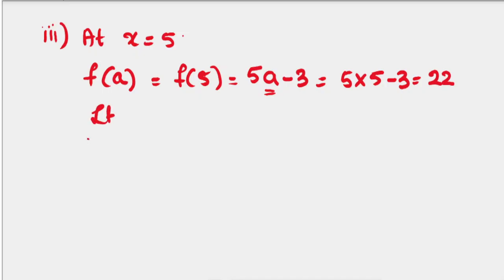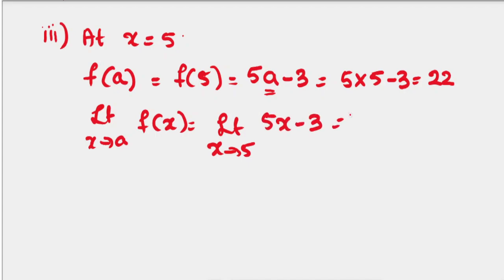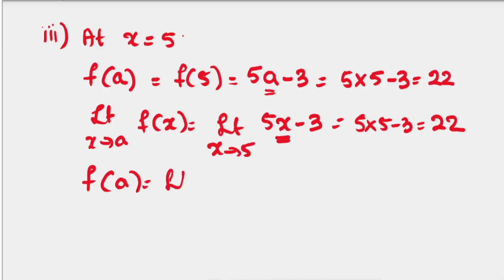Now limit x tends to a f of x. That is, here a is 5. So limit x tends to 5 and the function is 5x minus 3. Therefore, now apply the limit x as 5. This is 5 times 5 minus 3, which is 22. Again we got f of a equals limit x tends to a f of x, and that is equal to 22.